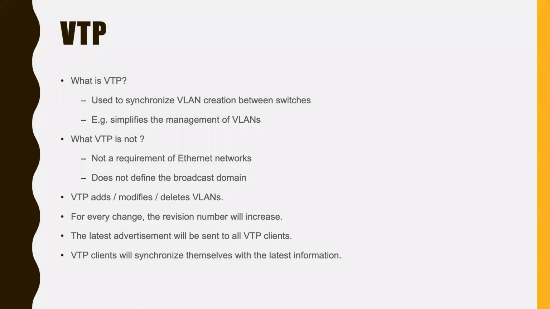Usually you would have to configure each switch separately and create those VLANs on every switch. All the 50 VLANs, if they are required on those switches, need to be first pre-configured on each switch, and that's a time-consuming task.